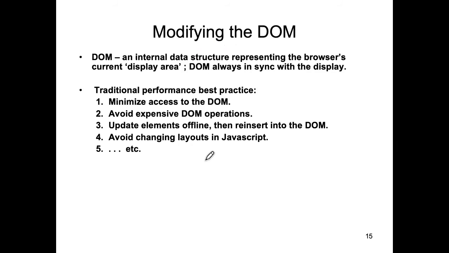But as developers, we had to understand the structure of the DOM and we had to know how to modify it. And as well, when you're modifying the DOM, you've got to be aware of what would be considered good practice and bad practice in terms of DOM manipulation.